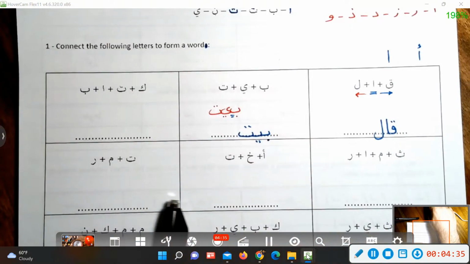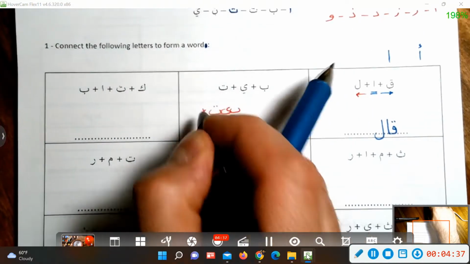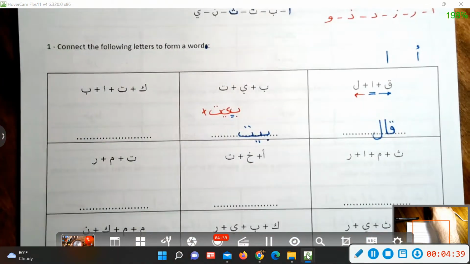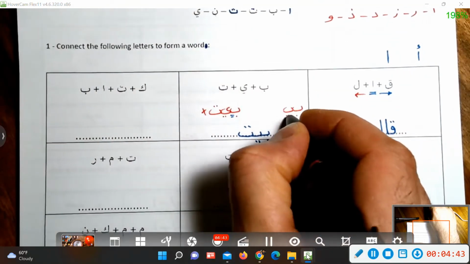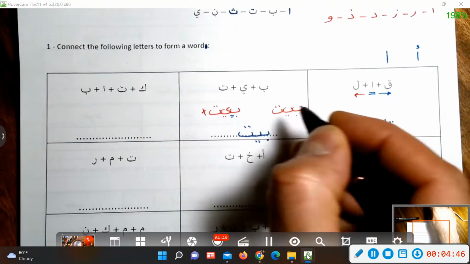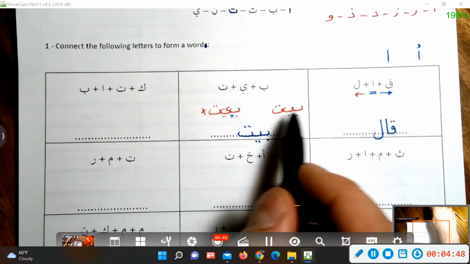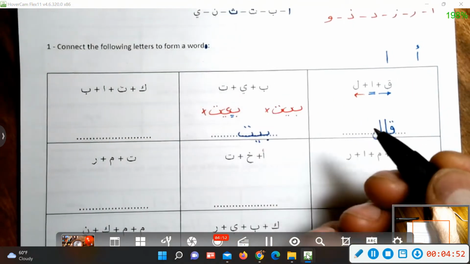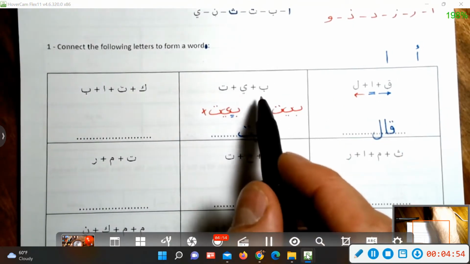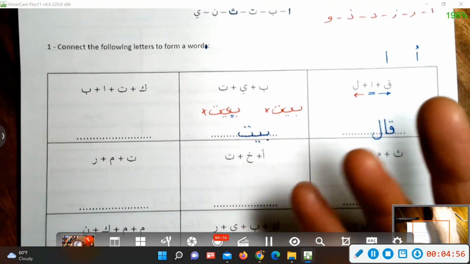So now this is wrong. And I've seen people doing it this way, ba, ya, ta, and they put them together thinking that by just putting them together it's connected. No, that's wrong too. To connect any letter, you have to prepare it for connection.